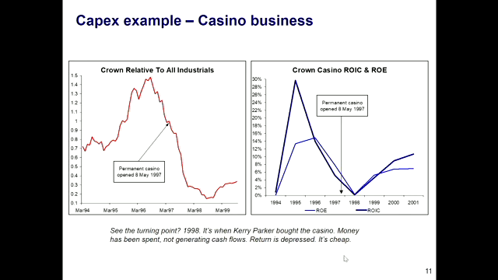And that's when Kerry Packer bought the casino, the physical permanent casino, at a very cheap price. The capex was done and the performance was depressed, return on equity and ROIC, and the market was nervous about its future prospect.